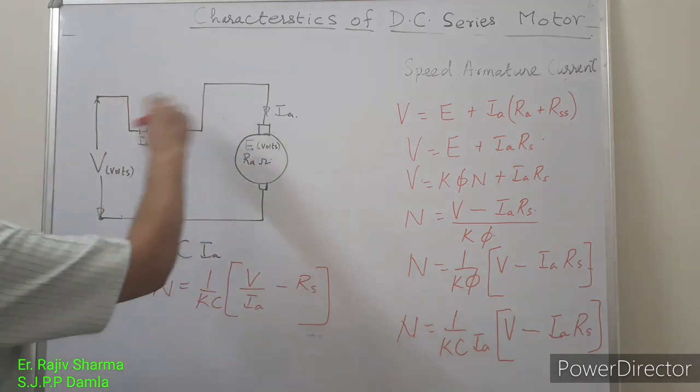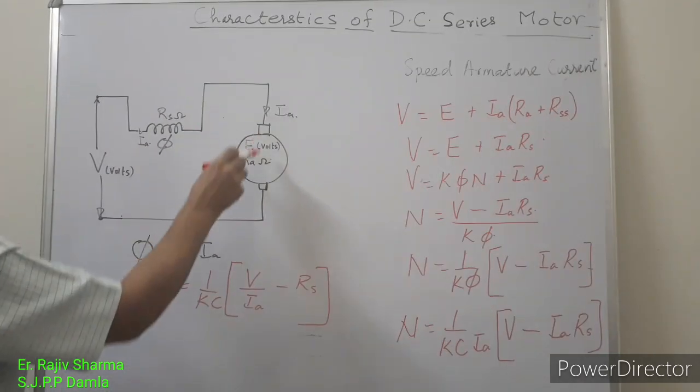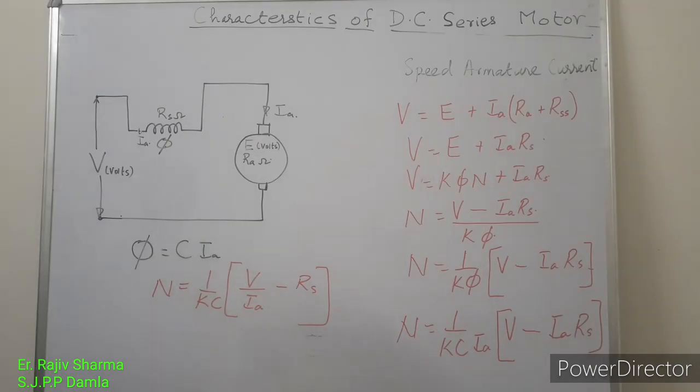Rs is the total resistance of the series field winding and the armature.